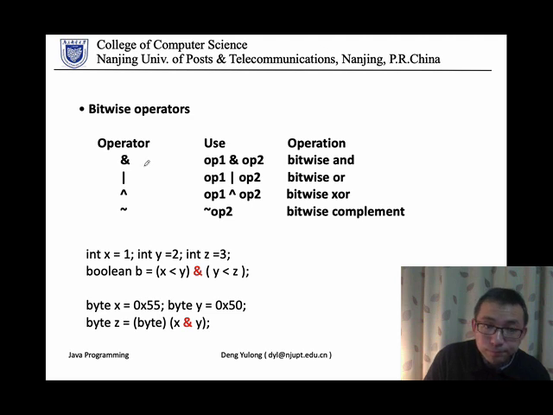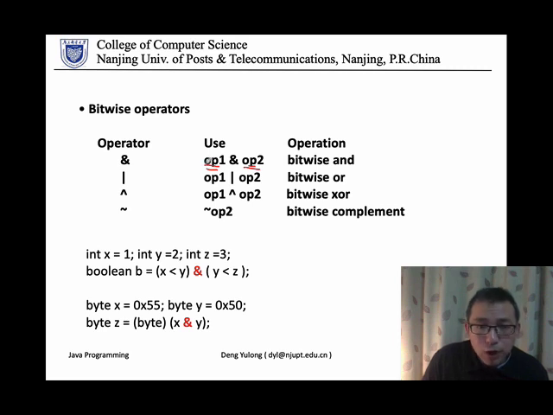The difference is in the two operands. If we use bitwise operators, the two operands should be numbers, for example integers or bytes or something else. They must be numbers.